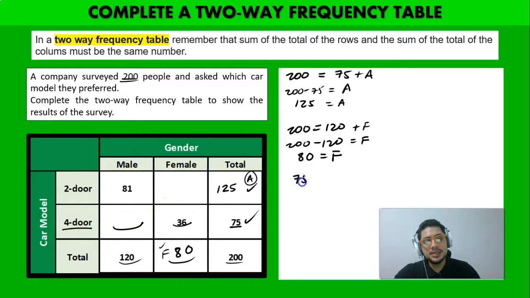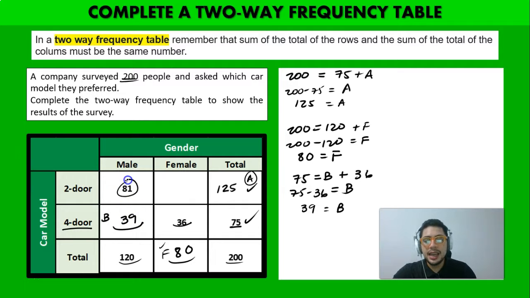Well, we know that 75 is equal to the amount we will call B plus 36, right? So the amount of men who liked it was actually 75 minus 36, and that is going to give us an answer of 39. And we can actually check that because if we add 81 plus 39, that is going to give us 120. So you can also do it that way.